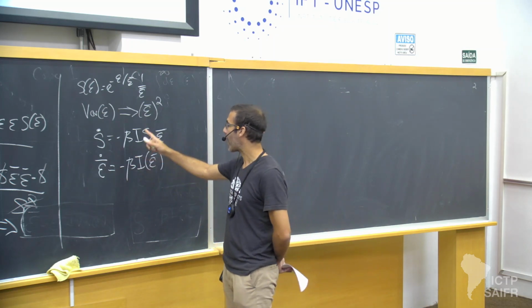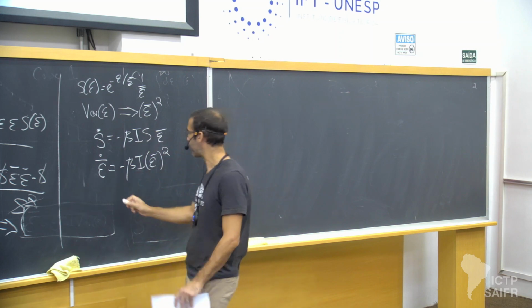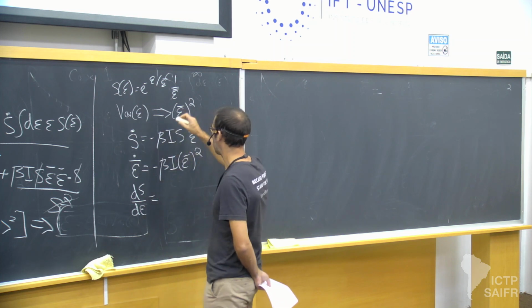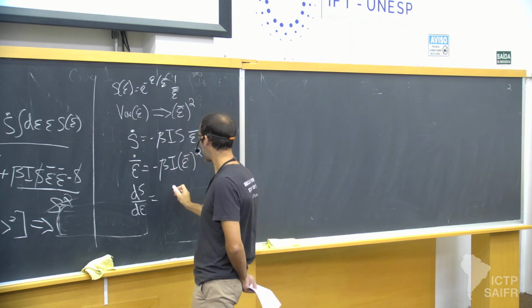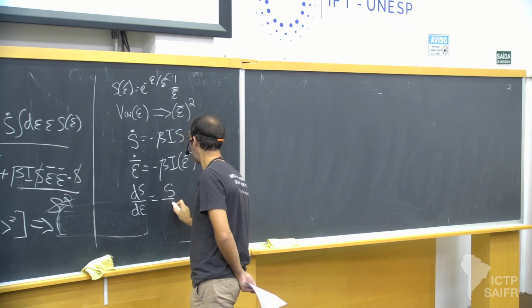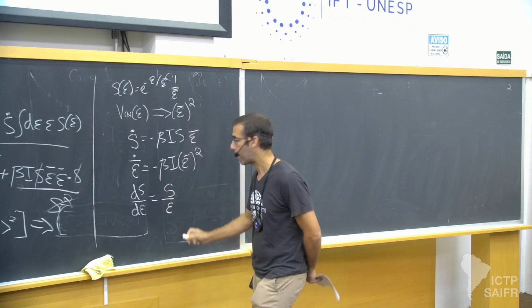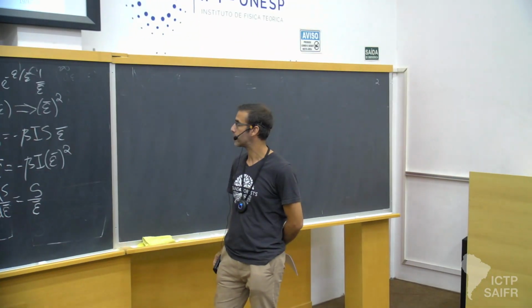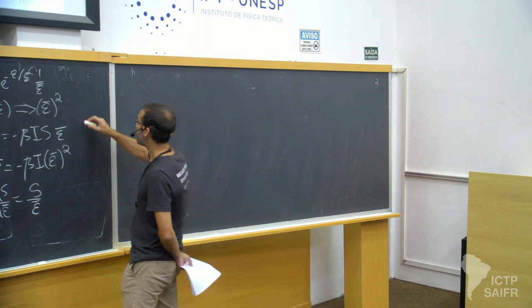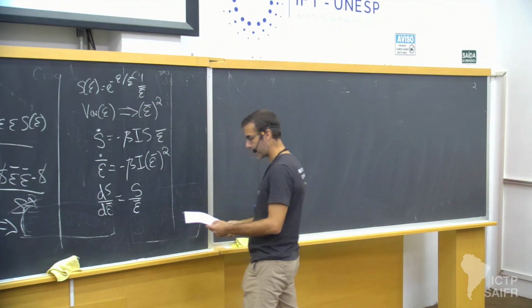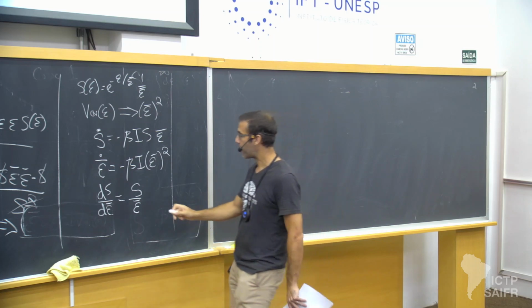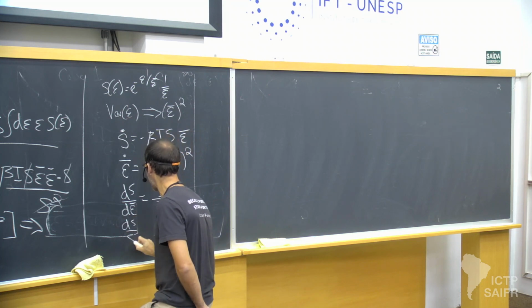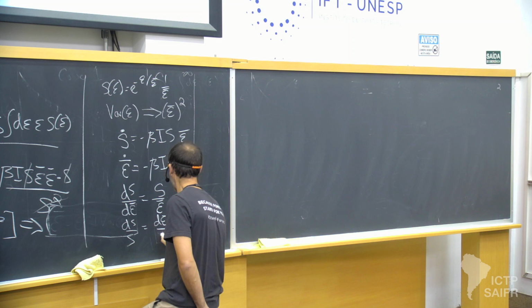If I take the ratio of these two things, dS d epsilon, as the infection progresses, this cancels, and you get S over epsilon bar. And this implies, if I were to take the integral here, we end up having dS over S equals d epsilon bar over epsilon bar.